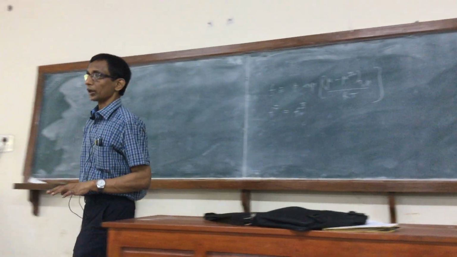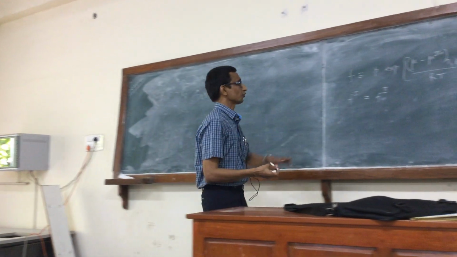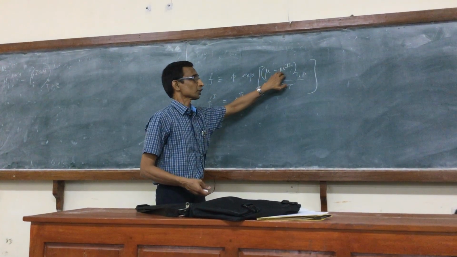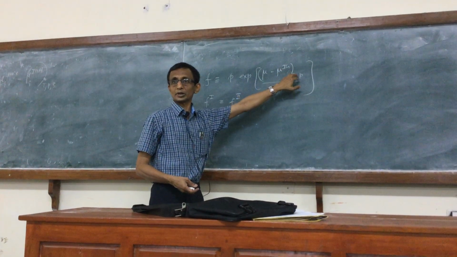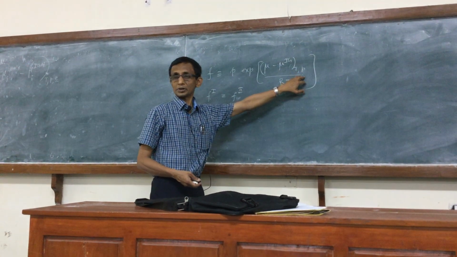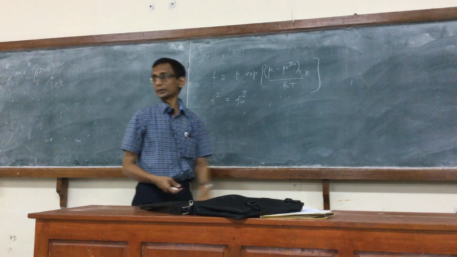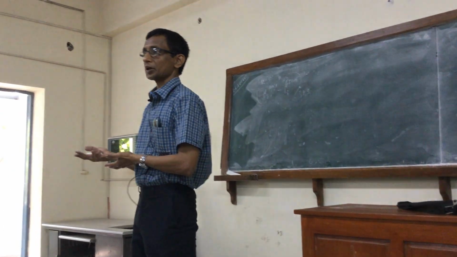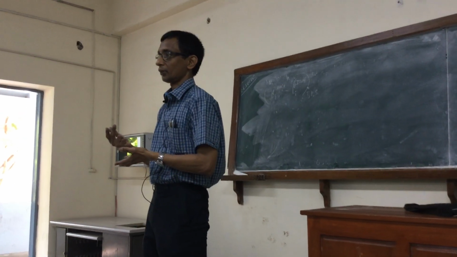You can easily show that because the fugacity of the first phase is the pressure times the chemical potential minus the ideal gas chemical potential evaluated at temperature and pressure by RT. Now the second phase, everything is the same, so the temperature and pressure are the same.